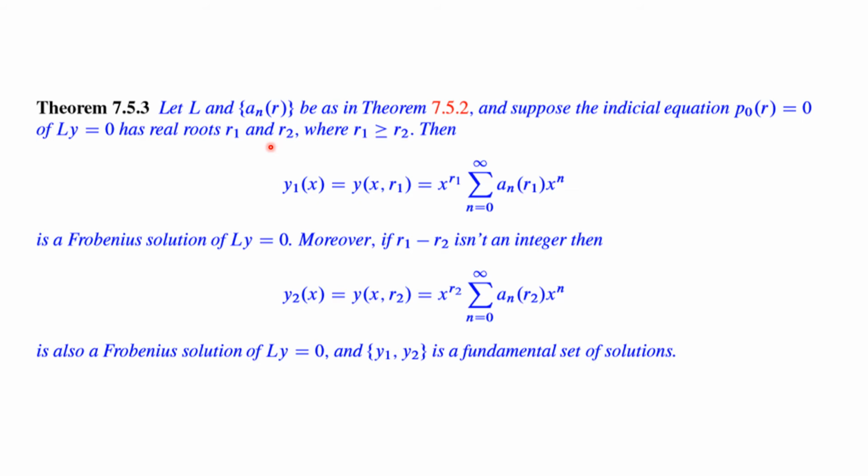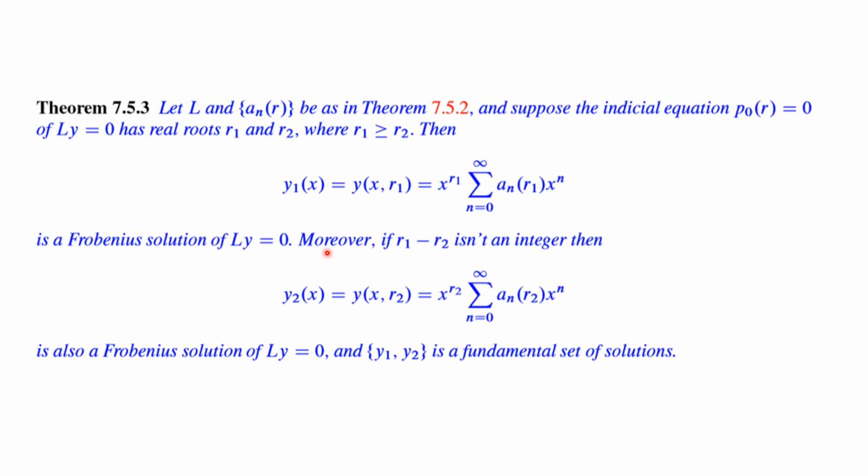And by the way, even though it says R1 is the bigger one, and that's fine, the two roots really shouldn't be equal in this. So anyway, if we have that, then y1 of x equals x to the R1, where R1 was this first root, times the summation n equals 0 to infinity of a sub n, found through the recursion relationship but based on the value of R1, times x to the n. And that's one solution.